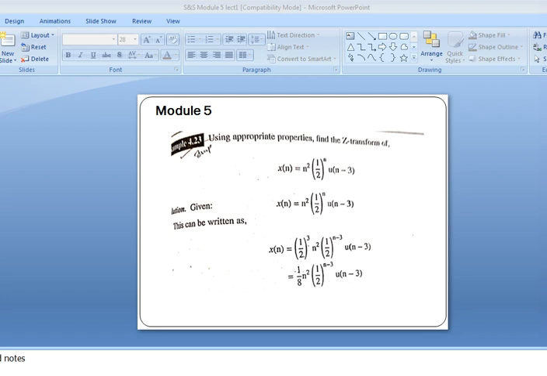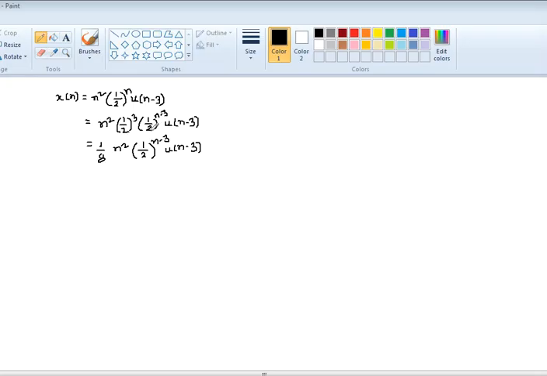Let's solve this problem. Here we'll consider this half raised to n minus 3 into u of n minus 3 as our x of n. So we have n square into x of n, all divided by 8.